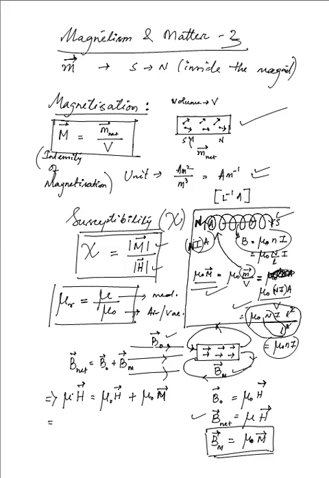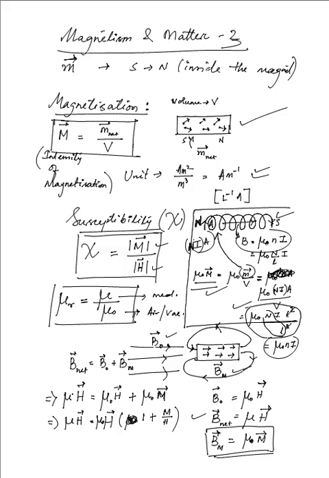Now as we can see, the H can be taken common. If we take H common on the left hand side, inside the bracket we have mu naught, which can be taken common as well. We have simply 1 plus M divided by H, and what was that?